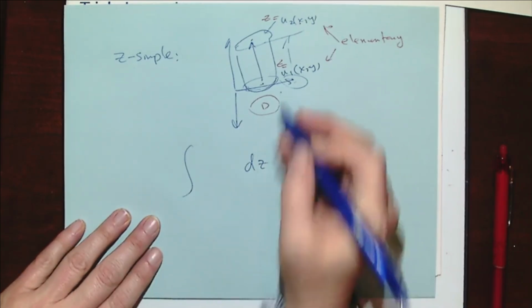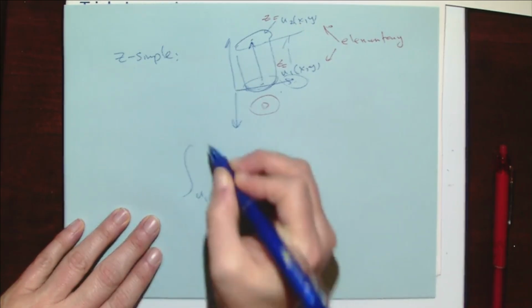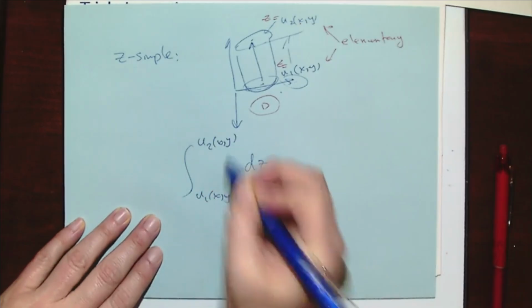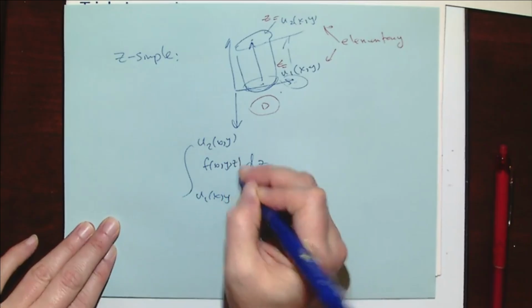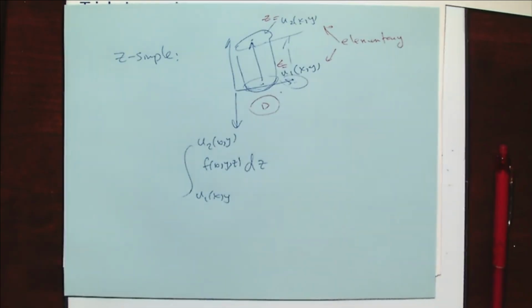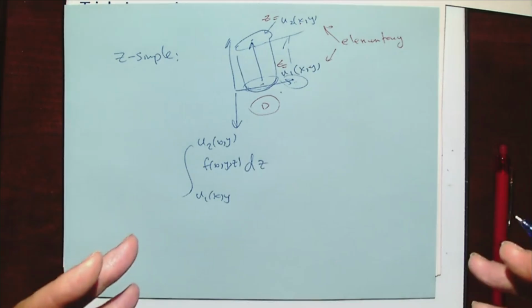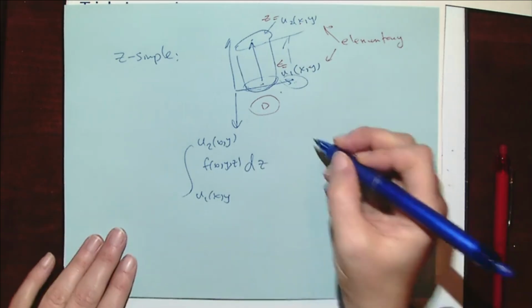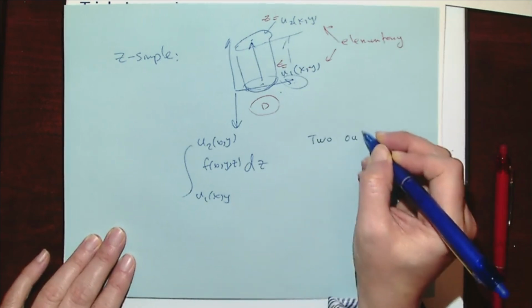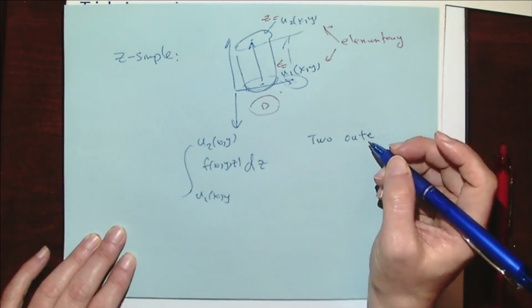Z. Goes from u1 of x and y to u2 of x and y. Then this is the fun part. The fun part is that the two outer ones are going to be a double integral.